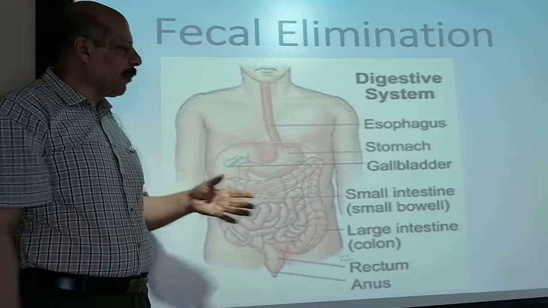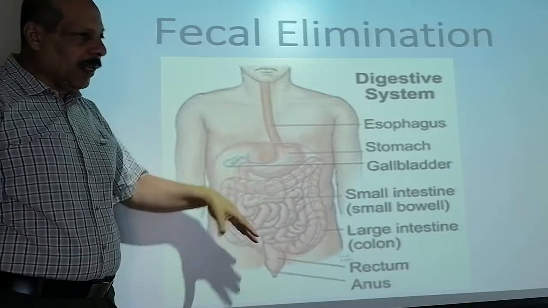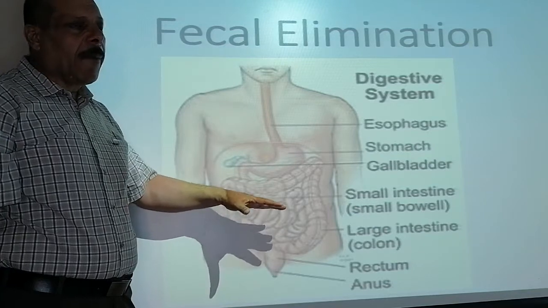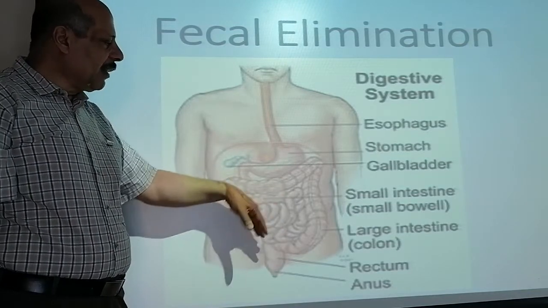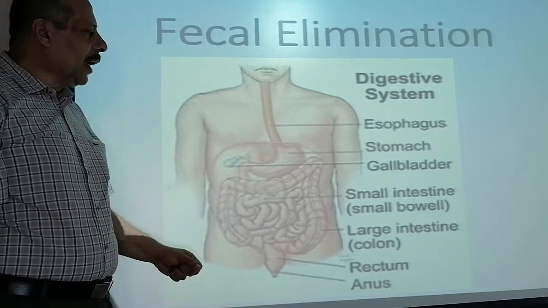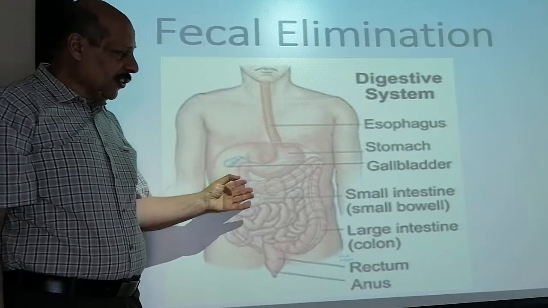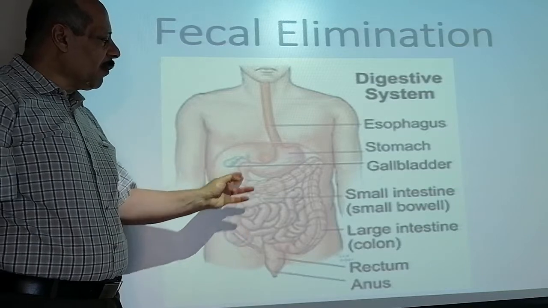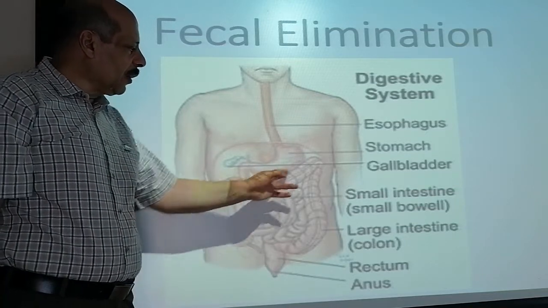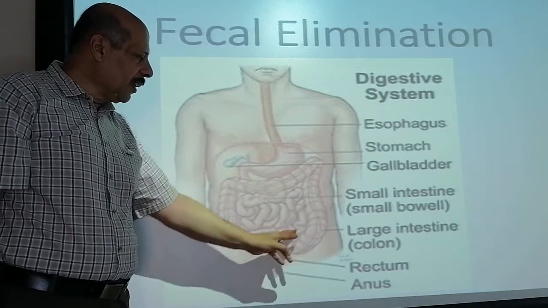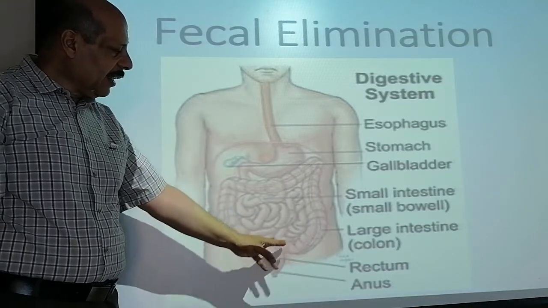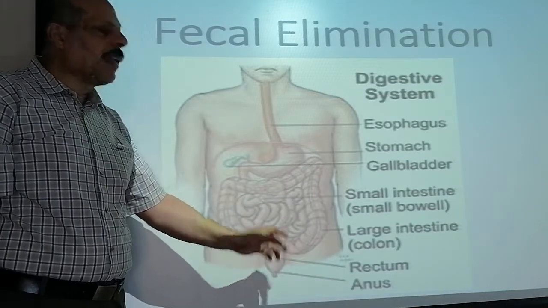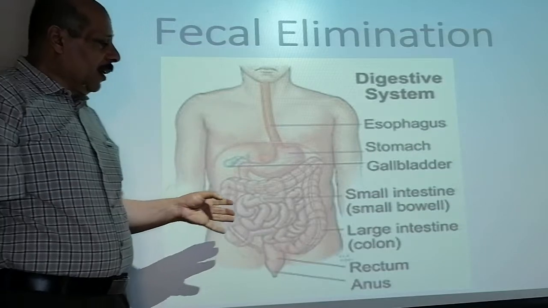Then it will be formed into stool in the lower part of the small intestine and at the large intestine. The large intestine is composed of three parts: the ascending colon, transverse colon, and descending colon, and then it will go to the sigmoid, rectum, and anus.